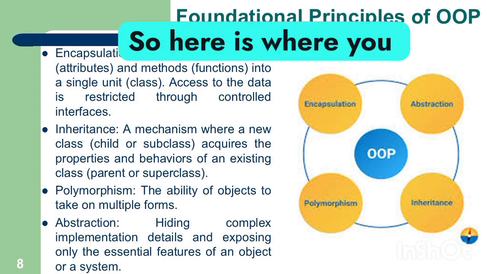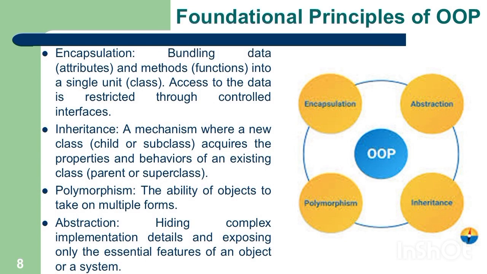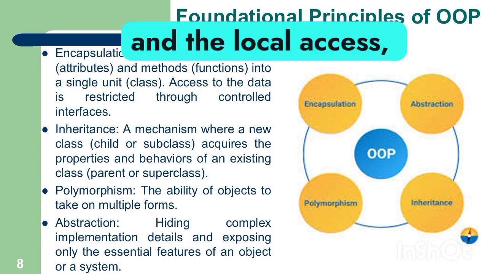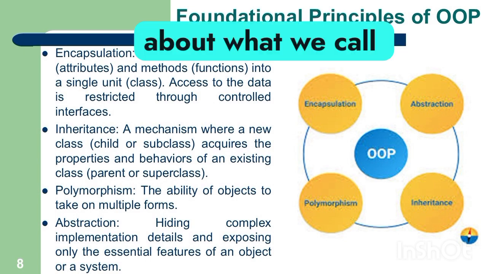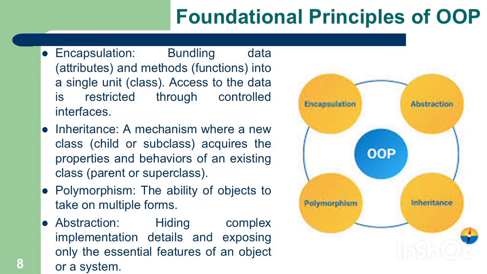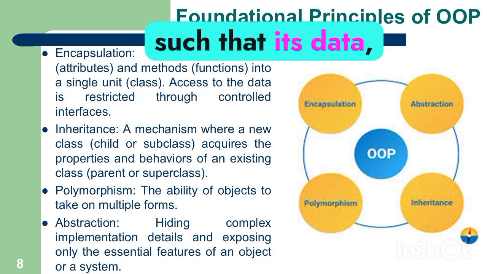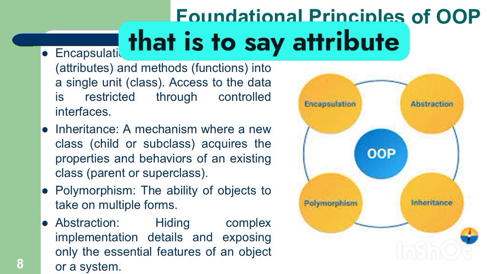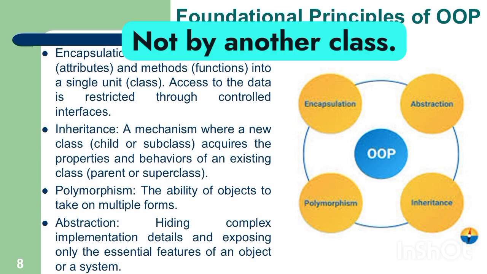So here is where you are going to have both public and private access, right? And this brings about what we call data hiding. Data hiding means classes are designed such that their data, that is to say attributes, can be accessed only by that class, not by another class.